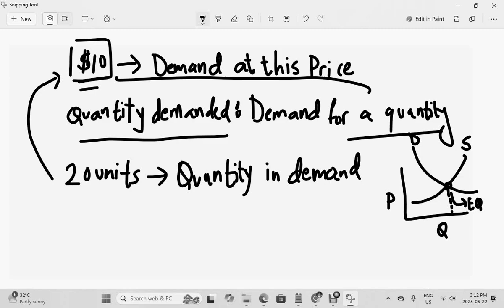Now, when it comes to price, price is what the supplier is willing to sell a product for. So this has to do with your supplier's listed price.